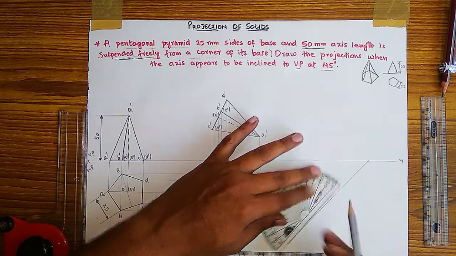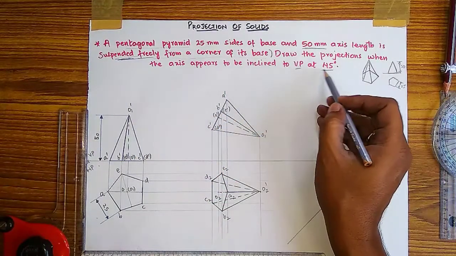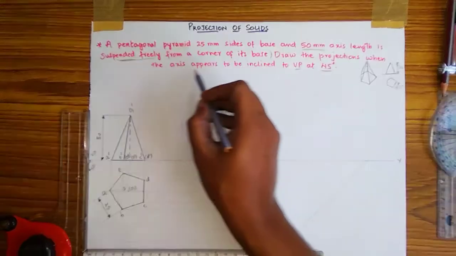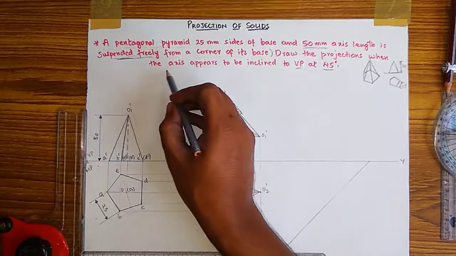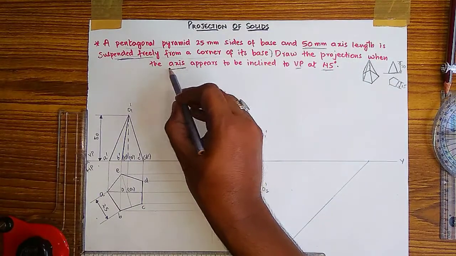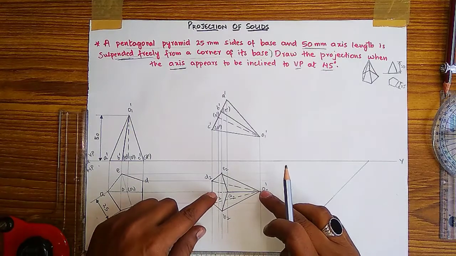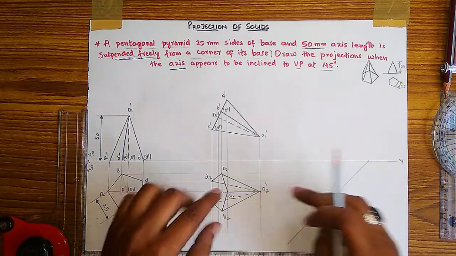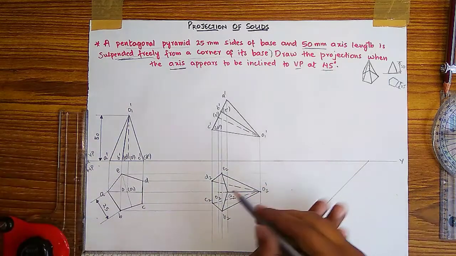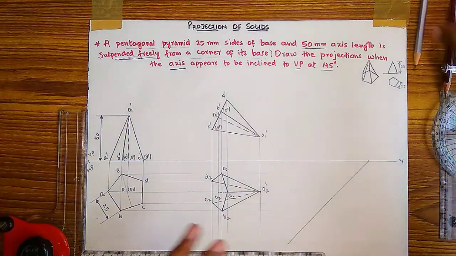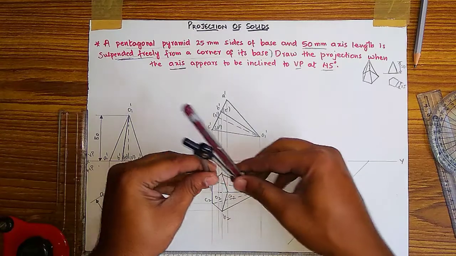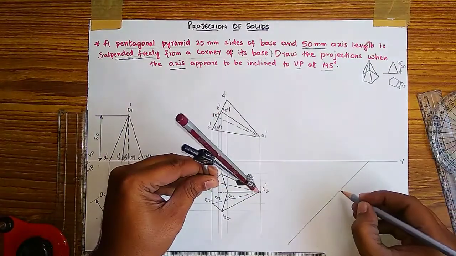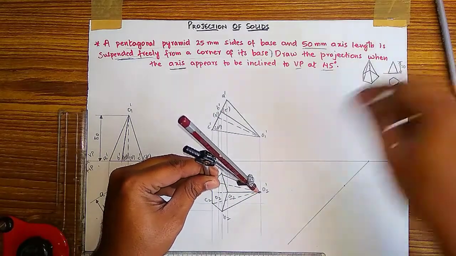After taking the 45 degree angle, on that angle we have to rest, as said in the question, the axis O to O. So how to copy this figure onto the axis? I am giving a simple method. First you have to take the total length of this line and put a dot somewhere else, anywhere.